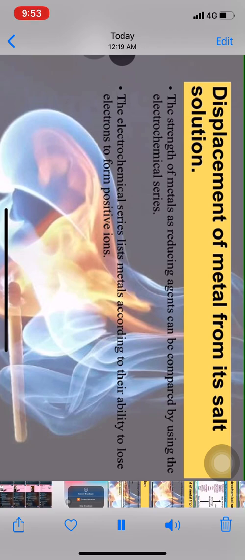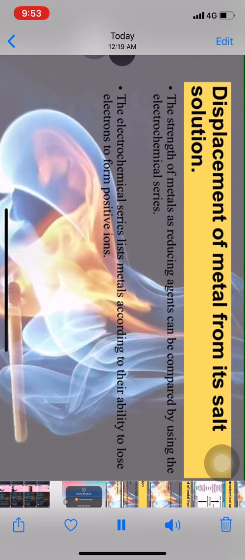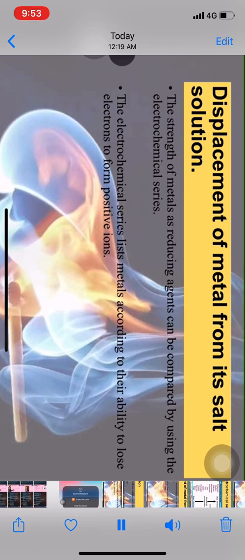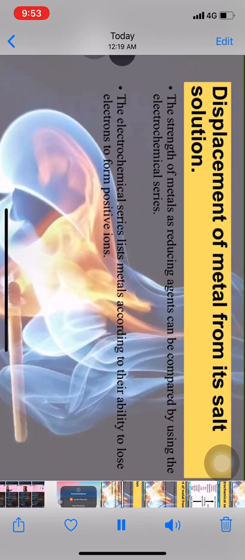The strength of a metal as a reducing agent can be compared by using the electrochemical series. Redox is the process where oxidation and reduction happen simultaneously.